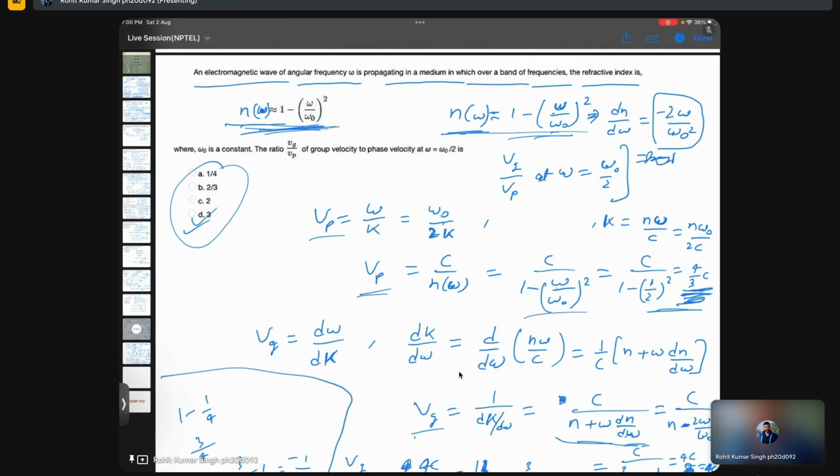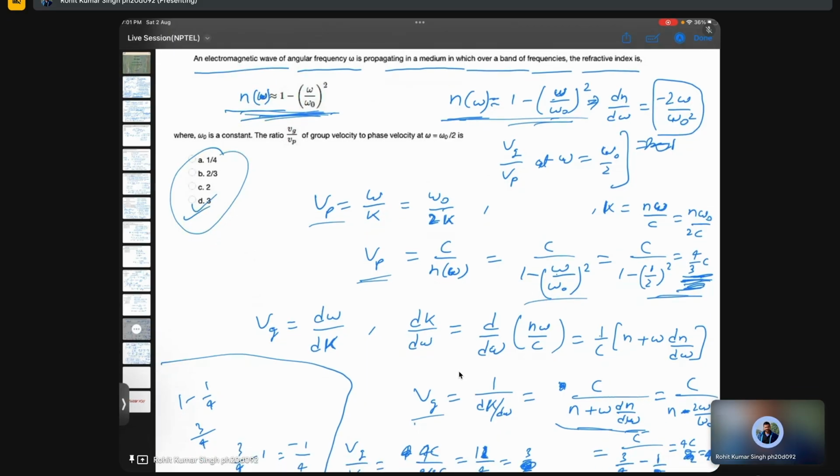Or, it happens in some special kinds of materials that the speed of light is greater than c. I remember something like that.